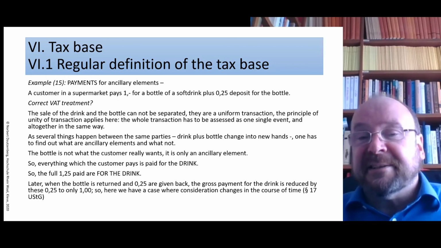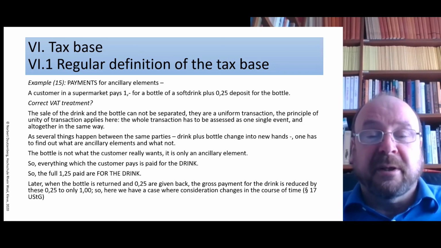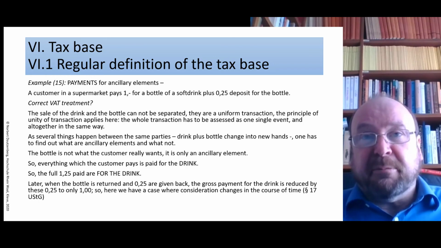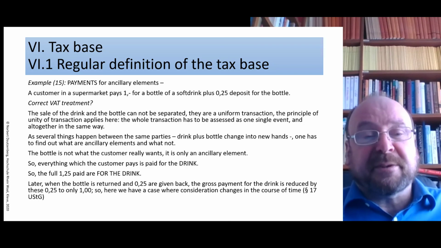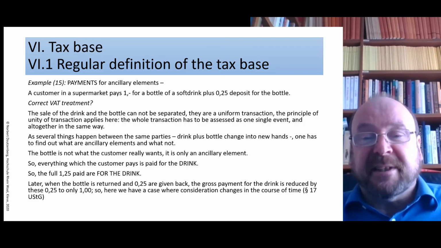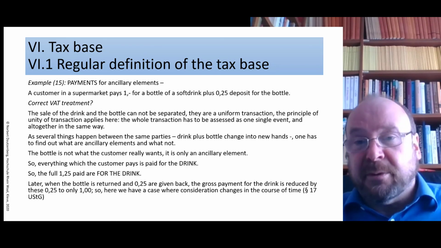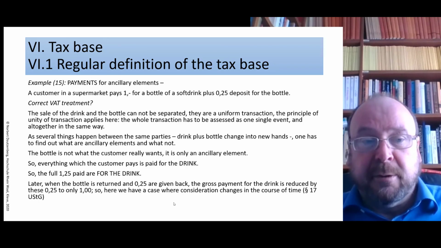And in that case, which I described just now, a beggar or so brings back the bottle and collects the 25 cents. You could say you have a gross payment made by the customer of €1.25 minus a gross payment of minus 25 cents given to the beggar, to a third person, and that adds up to the total remuneration of €1 for the soft drink in the end.